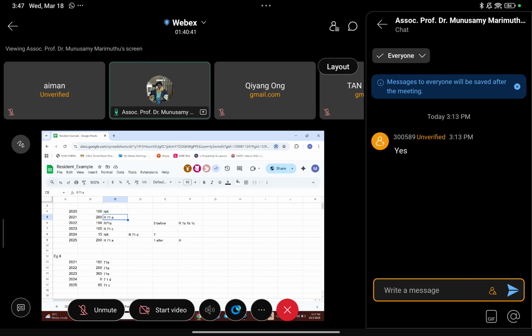So 1B is also easy. So 100 days, we can try to use 1A, cannot. 1B we cannot use because for B we need all the points, the period points. But here we have a lump sum, non-resident, because 90 days can apply because we don't have any more days here. Why 1C? 3 out of 4.